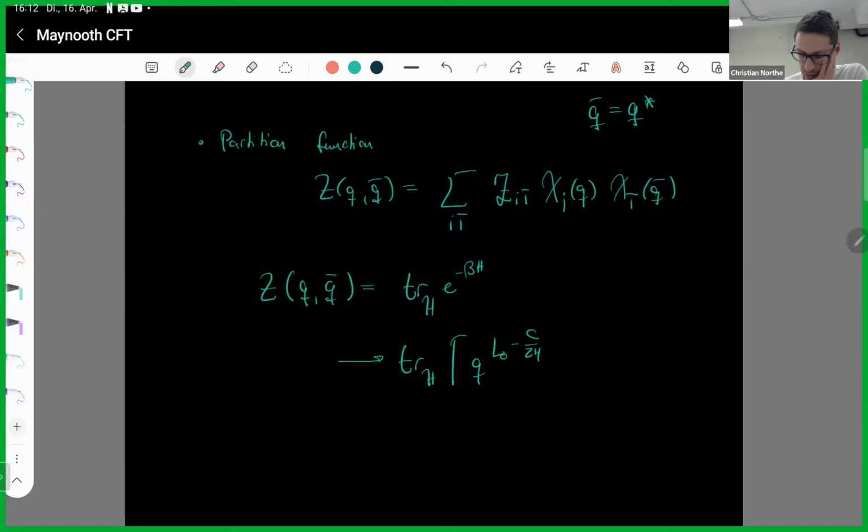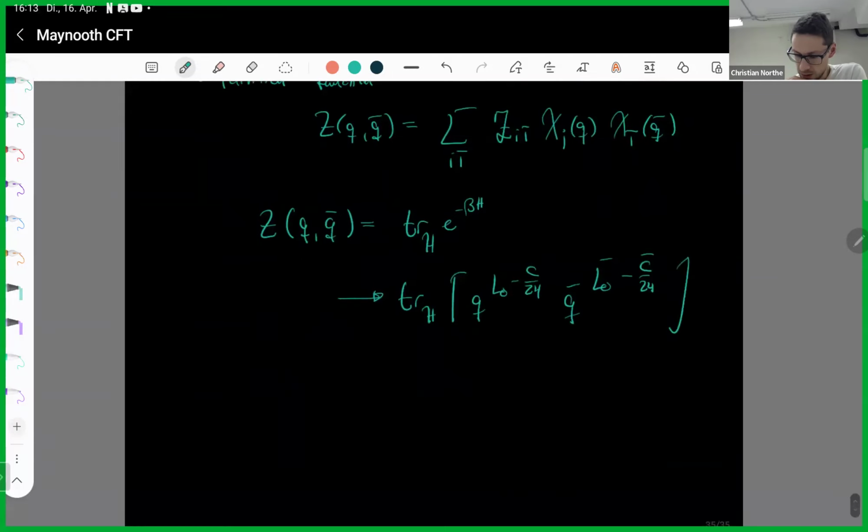Let's not make it equal, let's make it like that, because it's not equal in general. You get this expression.